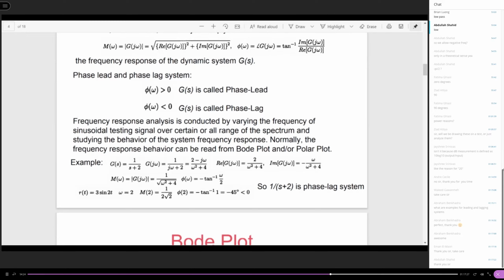But what does negative frequency mean? Physically, you cannot do that, right? Practically, you can only do that mathematically. So that is why we can use this phase to classify the system. This system will only be phase lead when you have a negative frequency testing signal.